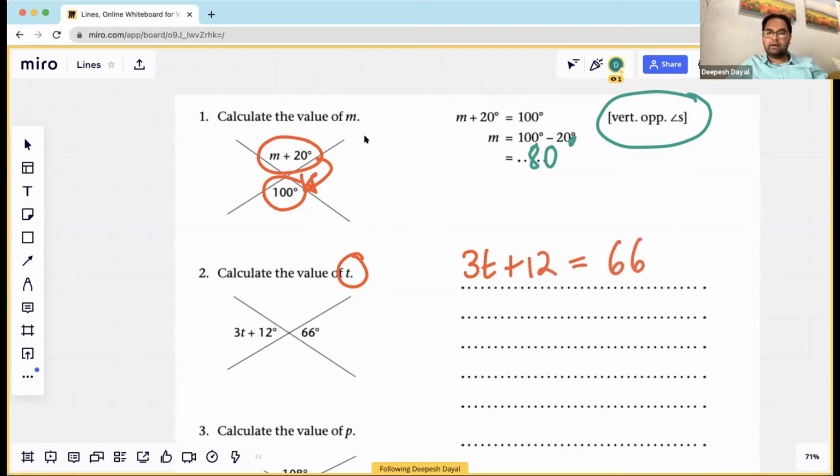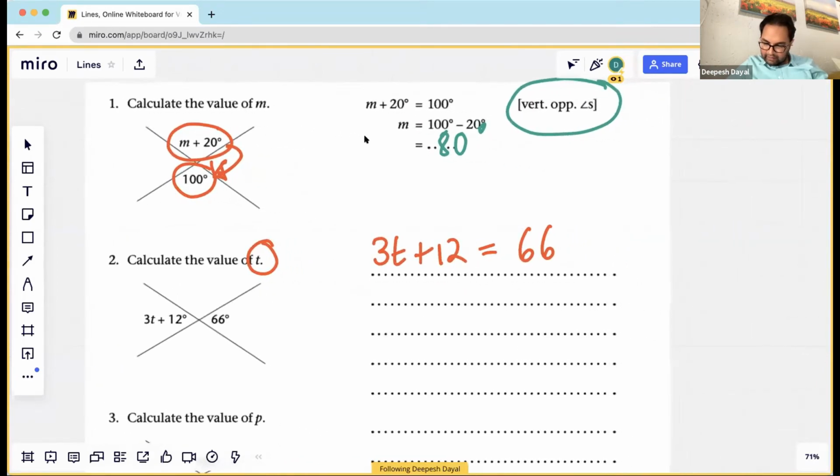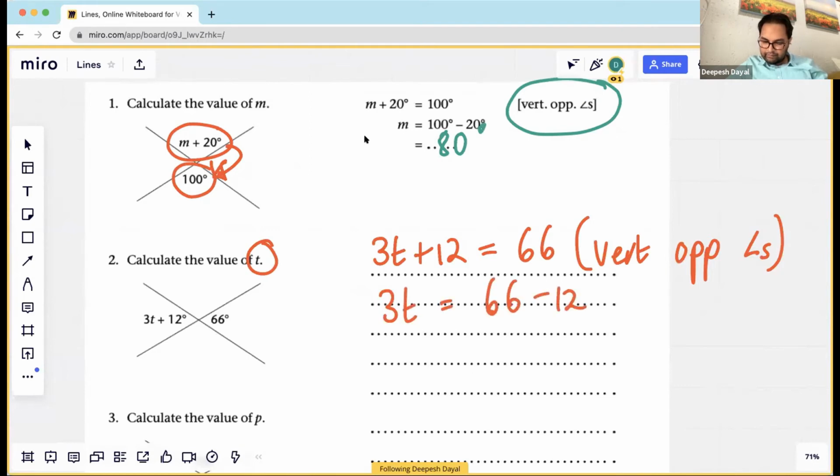Yes, sir. Okay, and what is the reason for this? Vertically opposite angles, right? Yes, sir. So 3T will equal 66 minus 12, yes? Yes, sir. Which is 54.